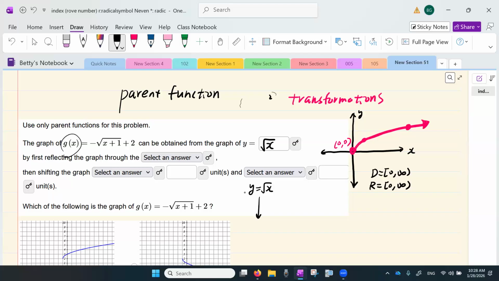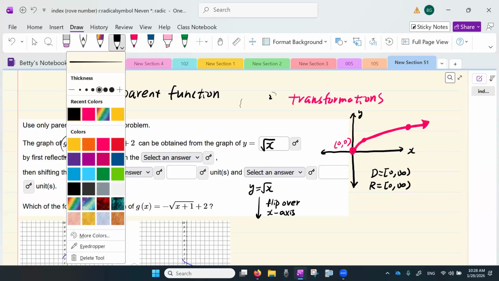Firstly, reflect the graph through which axis? So we are going to flip the graph over the x-axis. X-axis. What does that mean? What is the x-axis? Okay, let's see if we flip the graph over the x-axis.